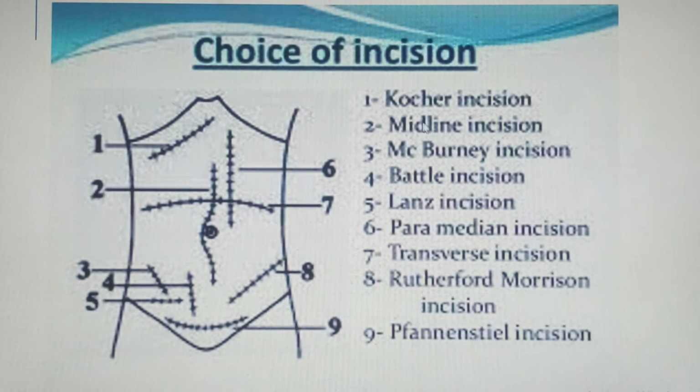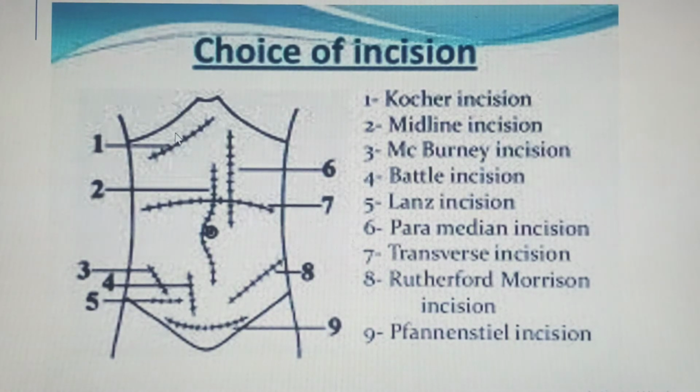Now for abdominal incisions, I'm going to tell you the major ones. Like this one being the Kocher incision, or the subcostal incision, actually the right subcostal incision. This one over here.